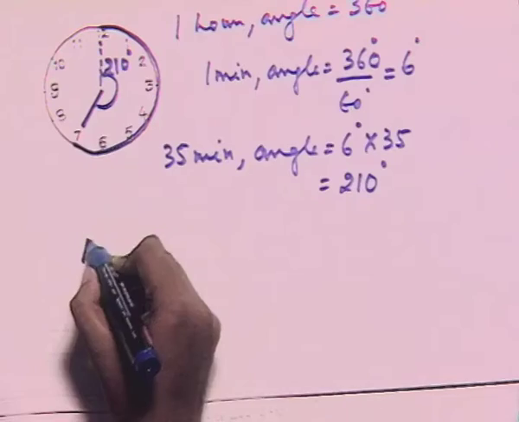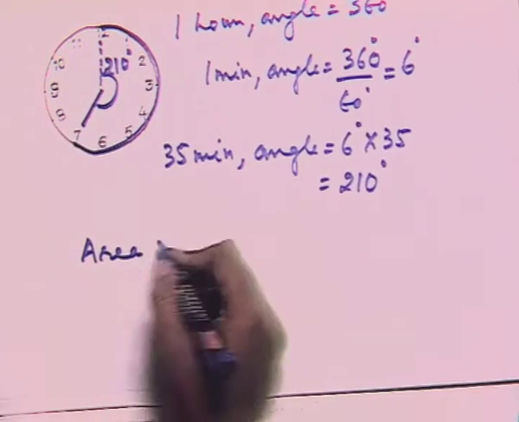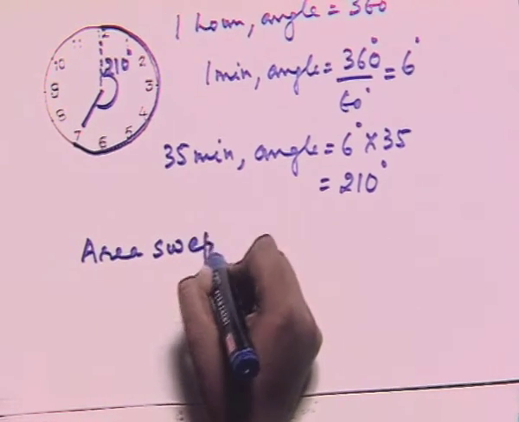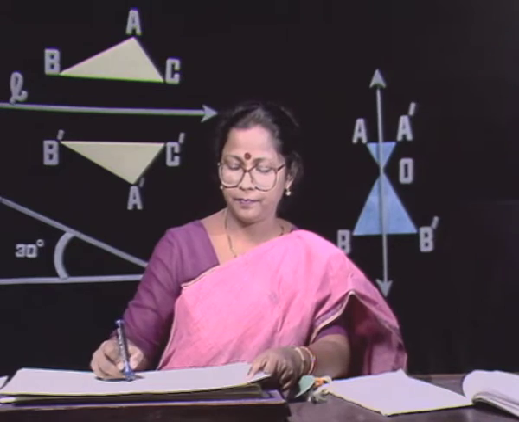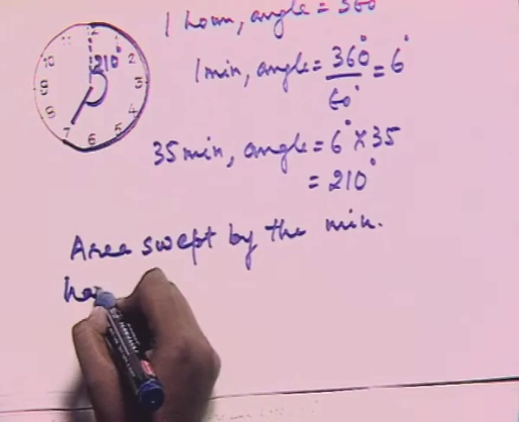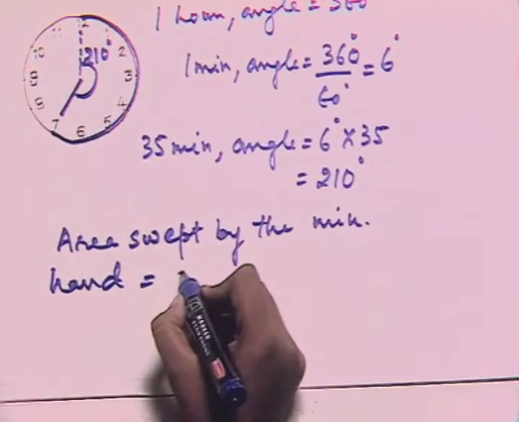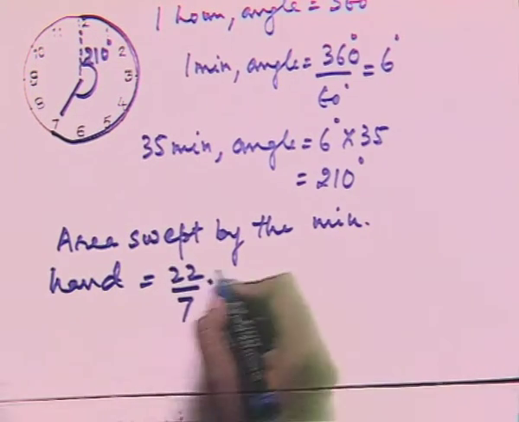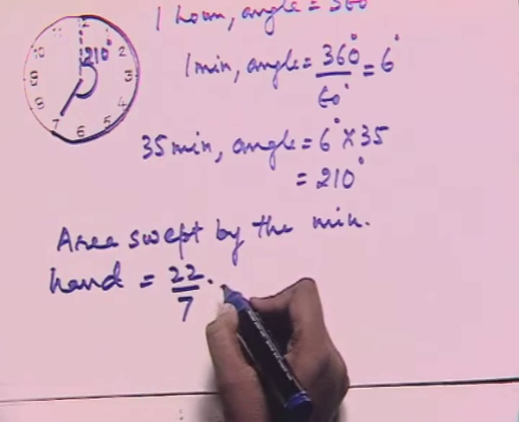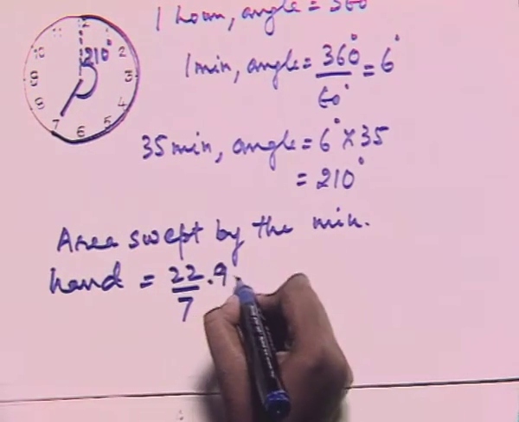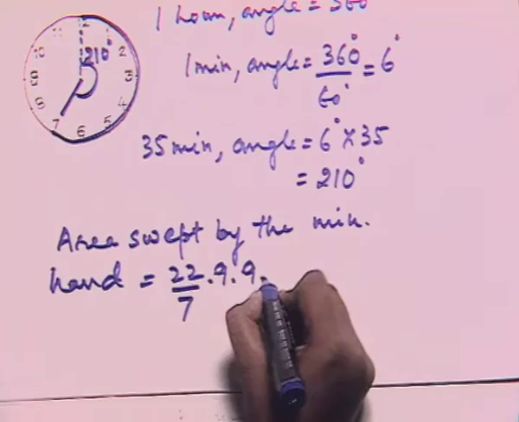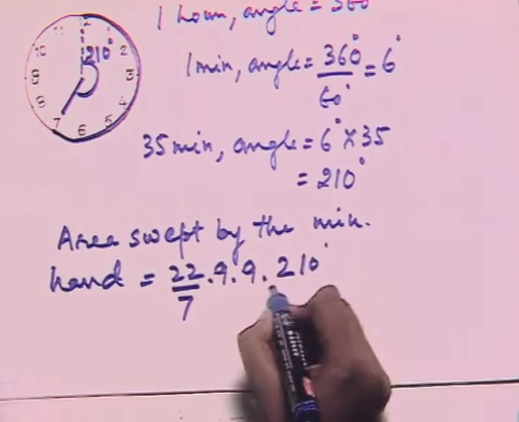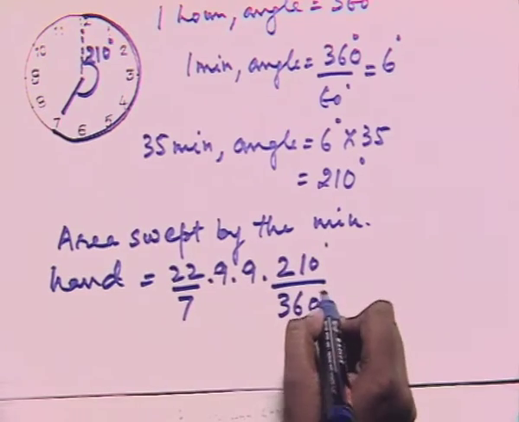So, the area swept by the minute hand is equal to, let us take pi as 22 upon 7, pi into r square, r is 9 centimeter. So, 9 into 9 into theta, that is 210 degree upon 360 degree.